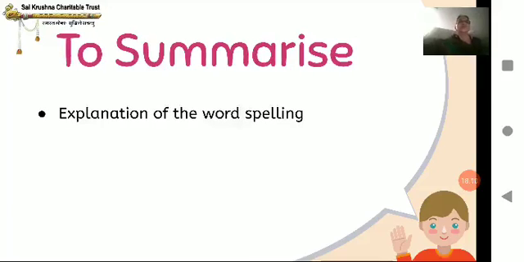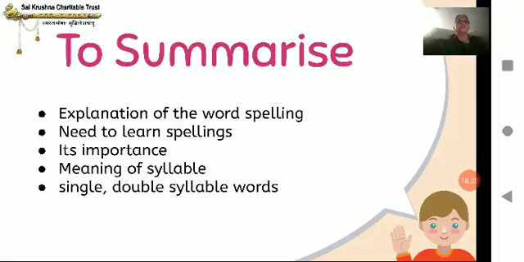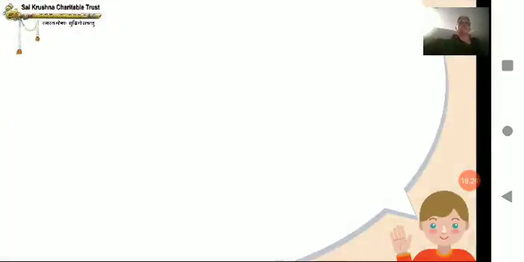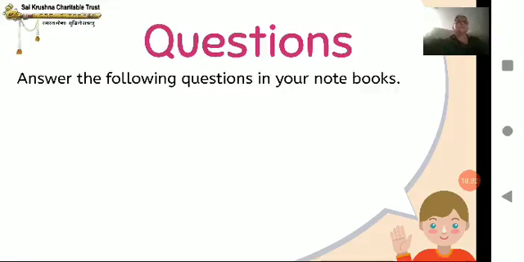So to summarize here, we have the explanation of the word spelling, need to learn spellings, its importance, meaning of syllable, single, double syllable words, 3 and 4 syllable words. We have studied all this. The last one is questions. Write all the answers in your notebooks.